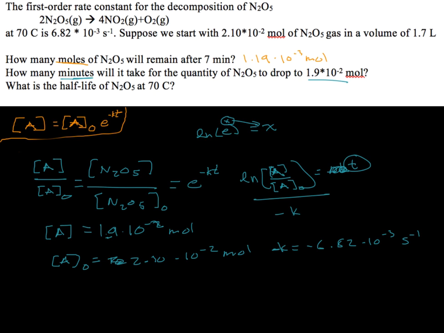And I think we now have everything, and we can just put it all together really quickly and get our answer, and then we will convert back to minutes from seconds. So take the natural log of, let's see, 1.9 times 10 to the negative 2 over 2.1 times 10 to the negative 2.